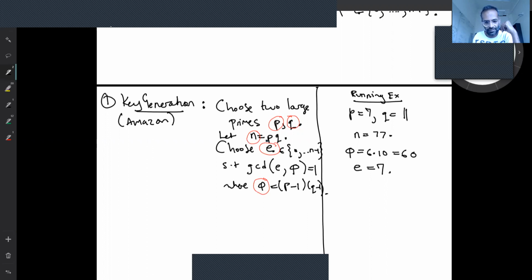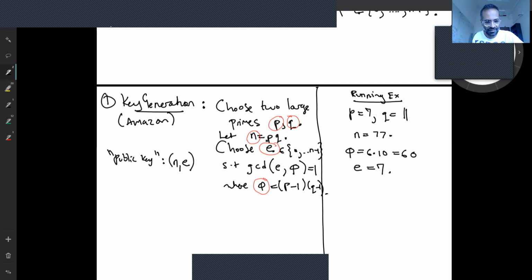And now the open lock, which is called the public key, consists of 2 numbers, n and e. So this is something that Amazon is just going to publish on the internet, saying, hey, if you want to send me stuff, here's your open lock.